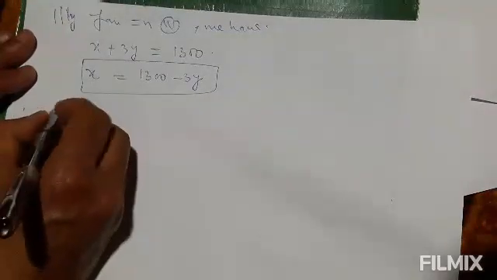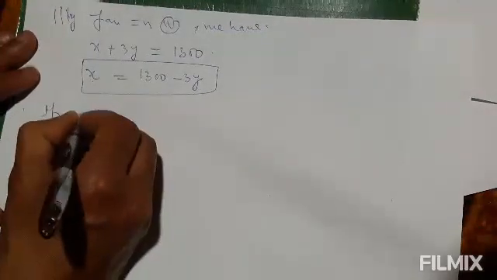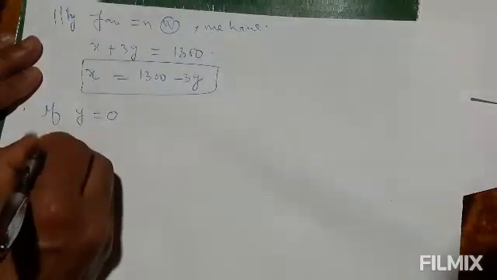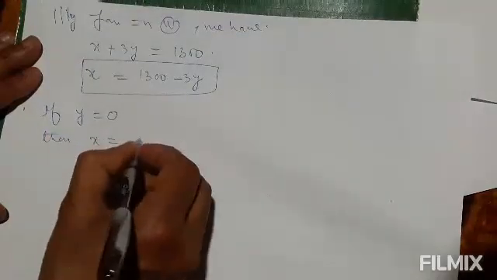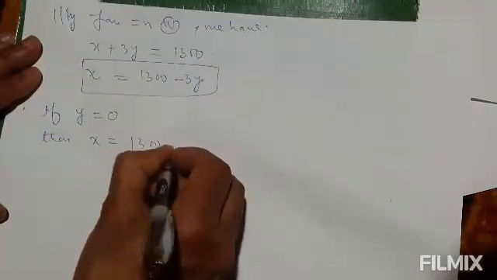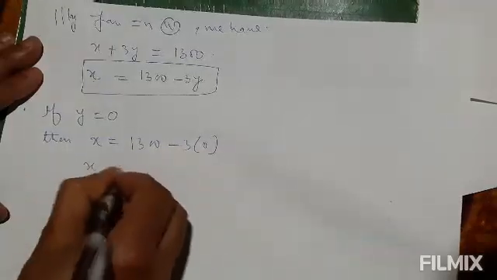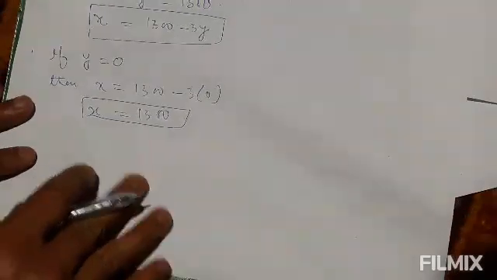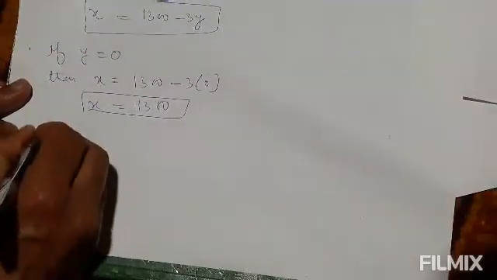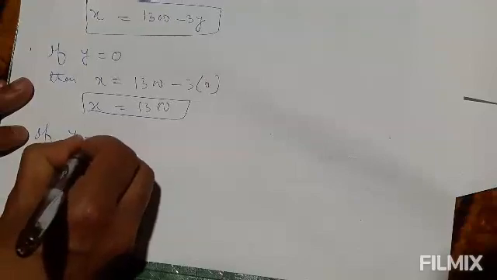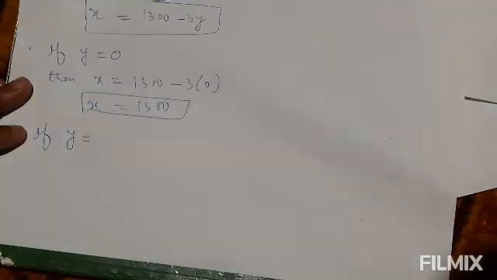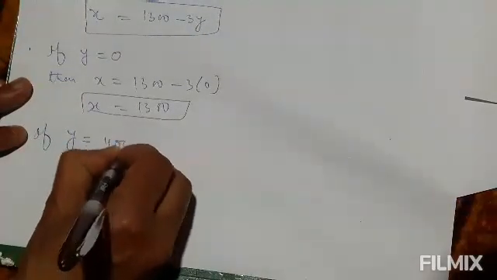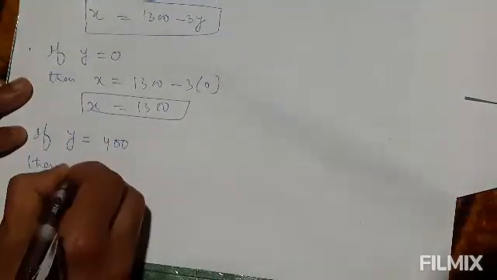Now if y equals 0, then x is equal to 1300 minus 3 into 0, which is again 1300.